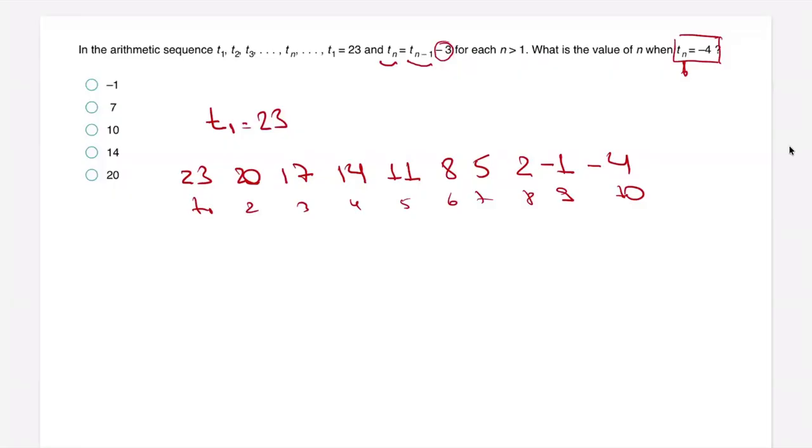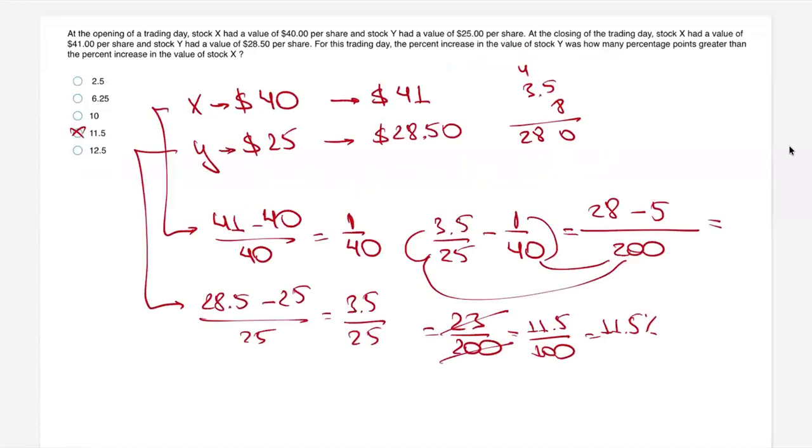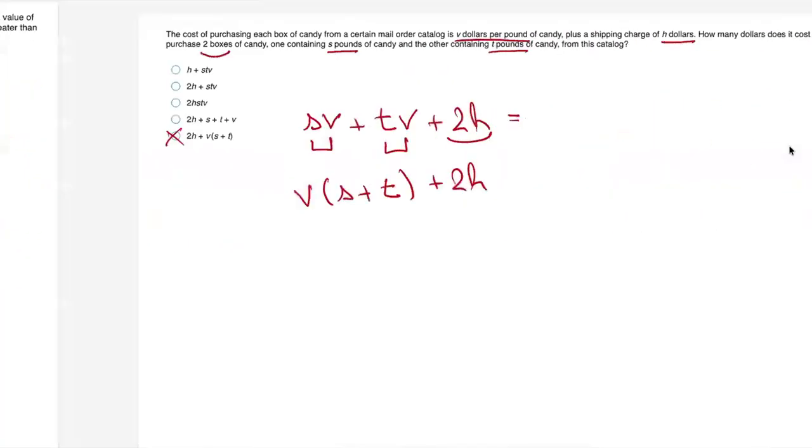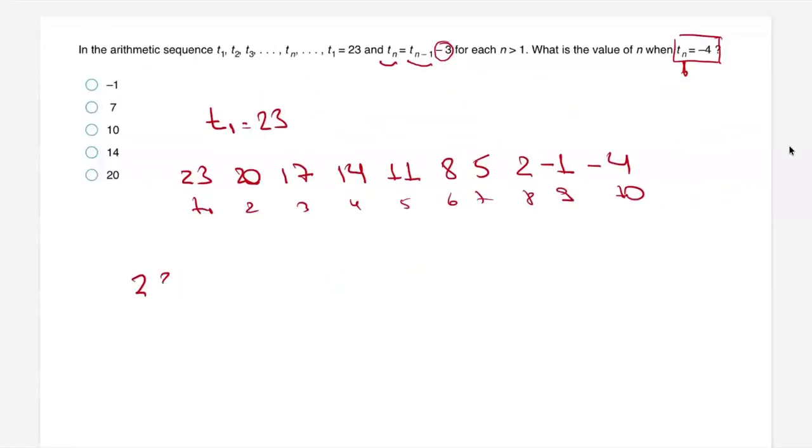Okay? Or 23 minus 3 is always 3. So minus 3 times the quantity of times, that is n minus 1, because I have T1 here, okay? It will be equal to minus 4.